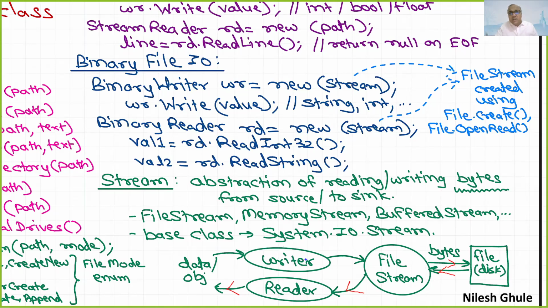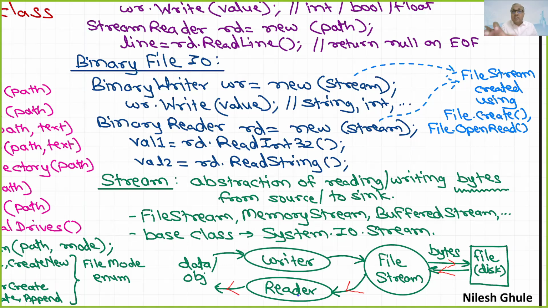It is converted into a sequence of bytes, like a 4-byte integer age is converted into a 4-byte sequence, which is then given to the file stream, and the file stream will actually write it into the file. While reading, the file stream reads the raw bytes, and those raw bytes are given to the binary reader.